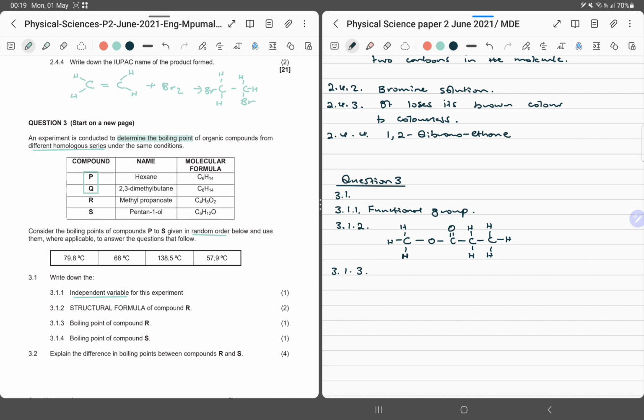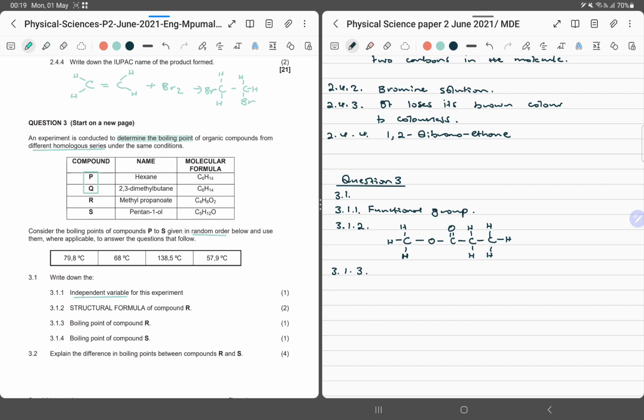Now let's have a look. Which one will have the highest boiling point here? It's basically going to be an alcohol, so this should be S, right? And then the next one is going to be the one that has dipole forces, which is the methyl propanoate, so this should be R. Wait a minute, they didn't put them in any particular order.